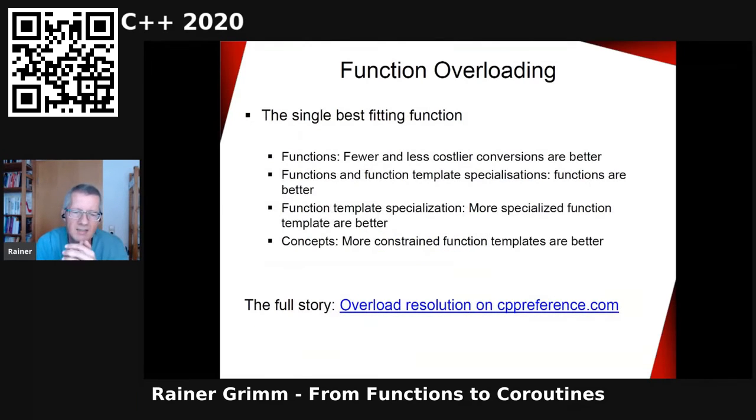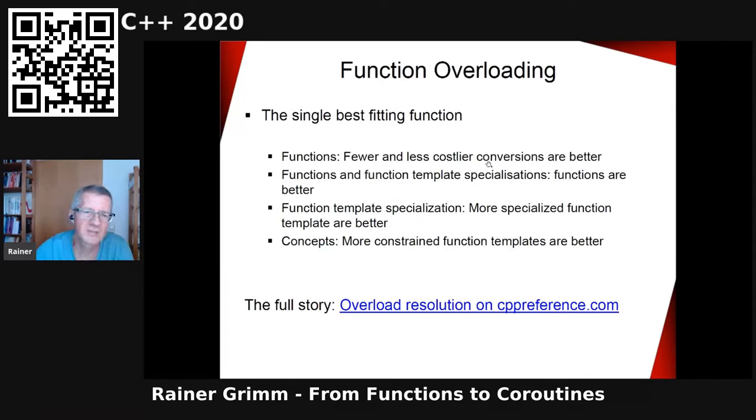And I said the compiler uses the best fitting function. These rules are quite complicated. So here's only a short glimpse at it. What does best fitting function mean? For functions, it means a function fits better if it needs fewer and less costly conversions.